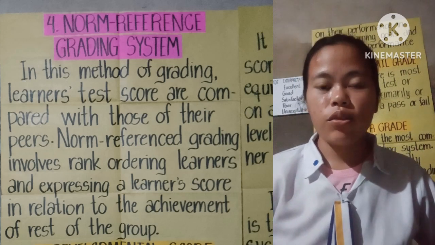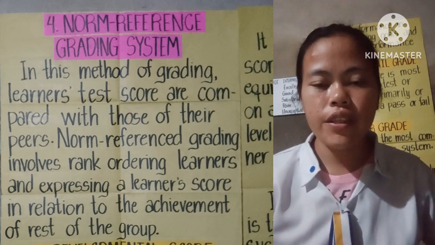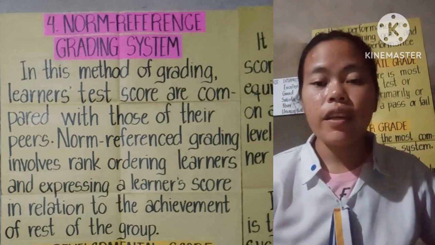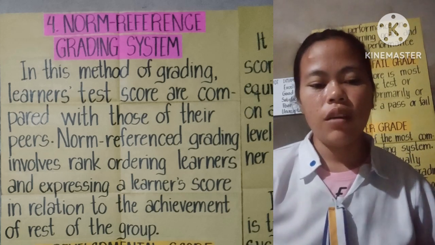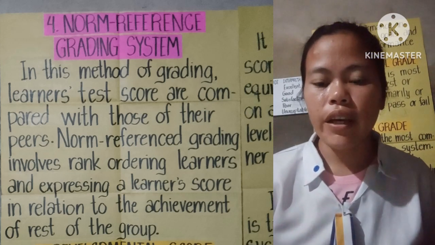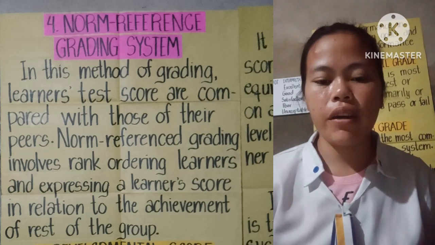So let's proceed to number 4, the norm reference grading system. So it is also a type of test scores, but it depends on the norm reference grading system. So in this method of grading, learners' test scores are compared with those of their peers.